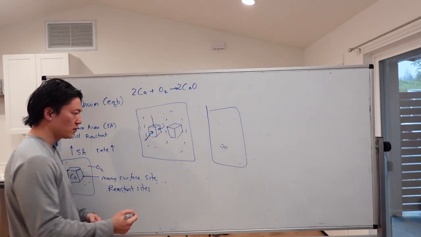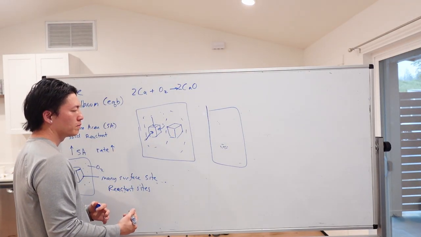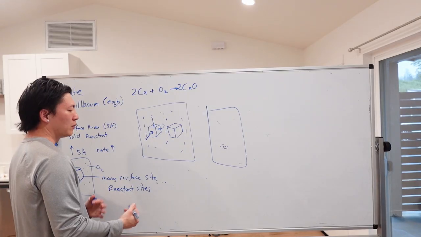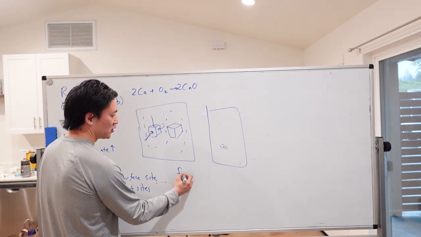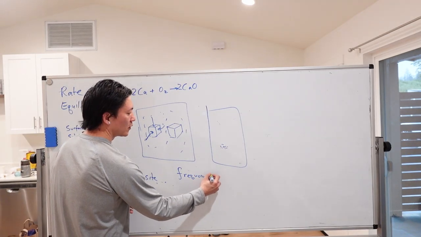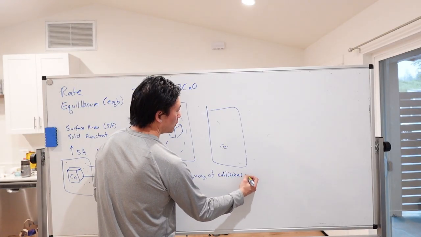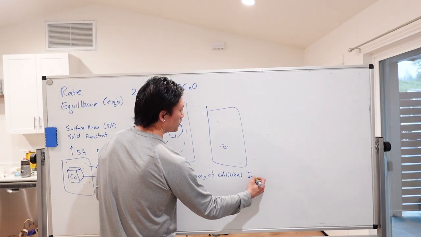And then of course, if there are more surface sites for collisions to occur, then we can expect the frequency of collisions to increase.